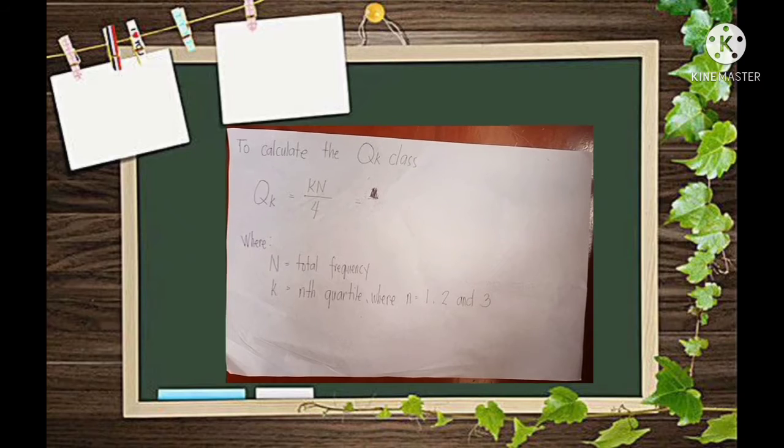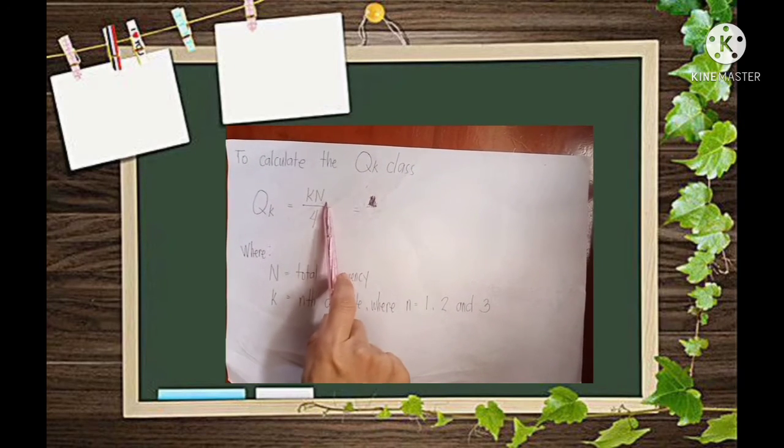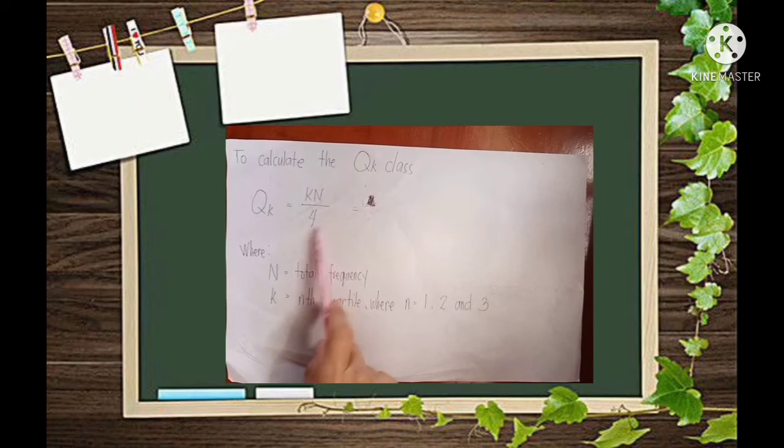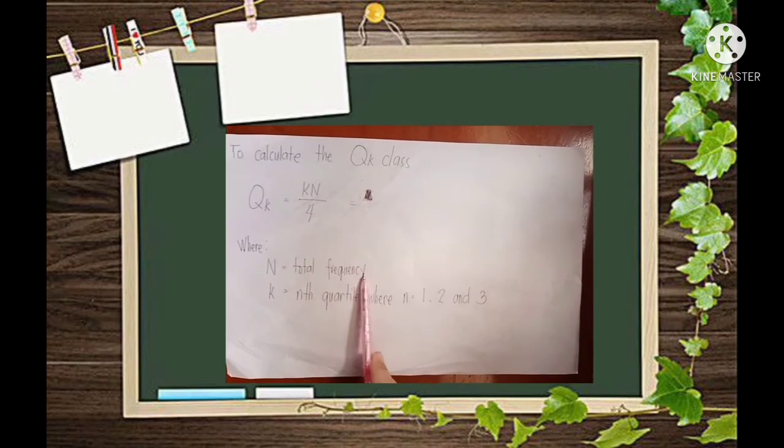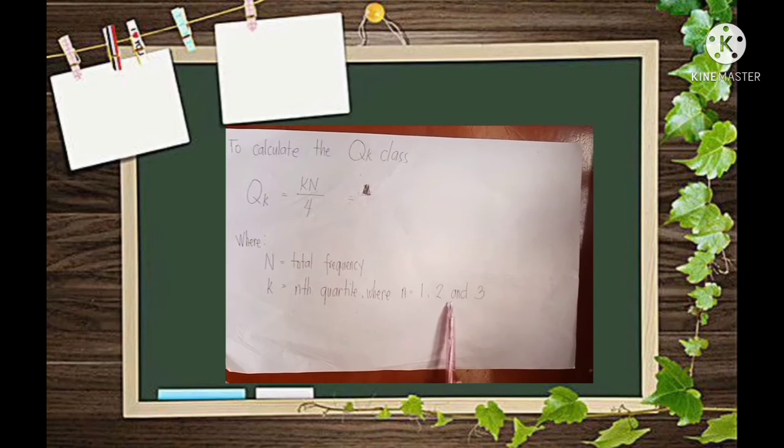This is the formula for the quartile class. Qk equals k times N divided by 4, where N is the total frequency and k is the nth quartile, where n is equal to 1, 2, and 3.